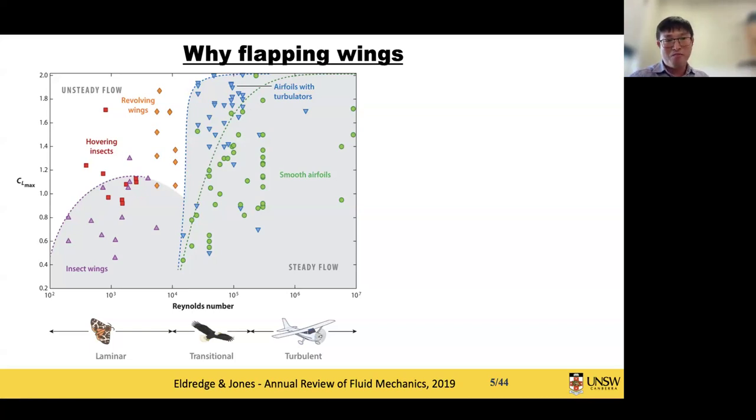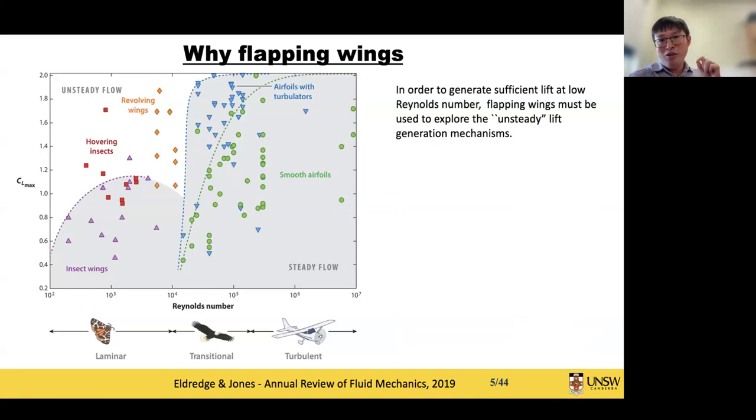That's today's major content, in this low Reynolds number region. Therefore, in order to generate sufficient lift at low Reynolds numbers, flapping wings must be used to exploit the unsteady lift generation mechanisms.